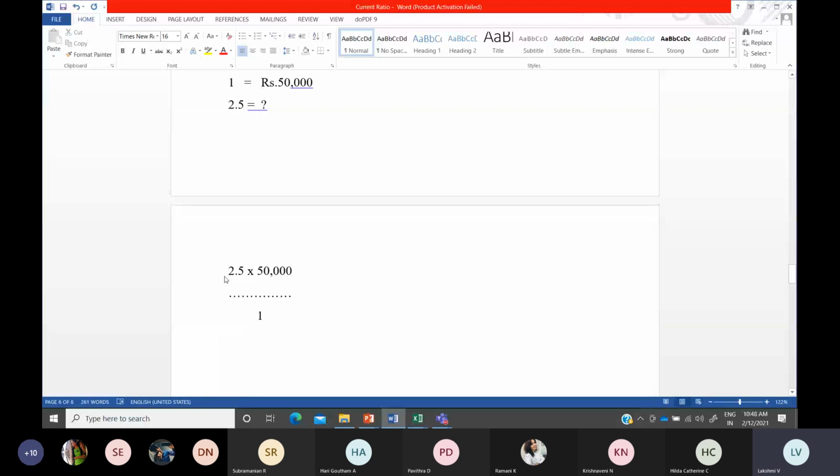If you do this, you will get your current assets. So current assets is equal to 2.5 into 50,000.